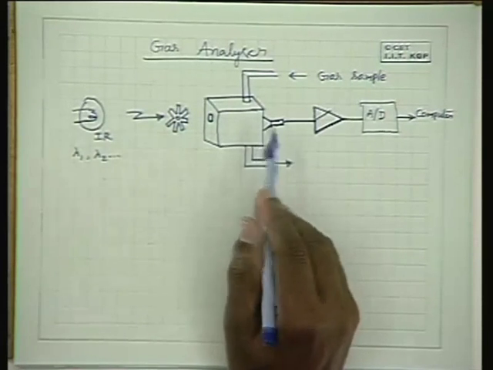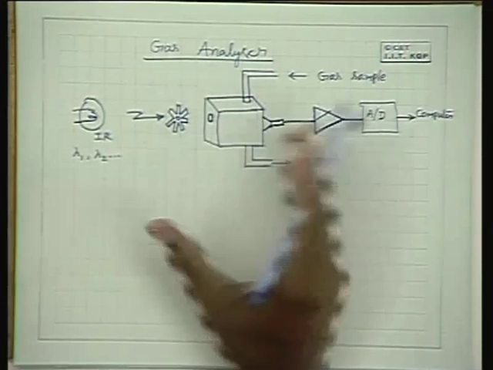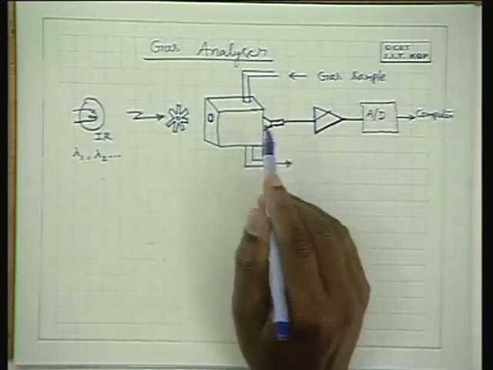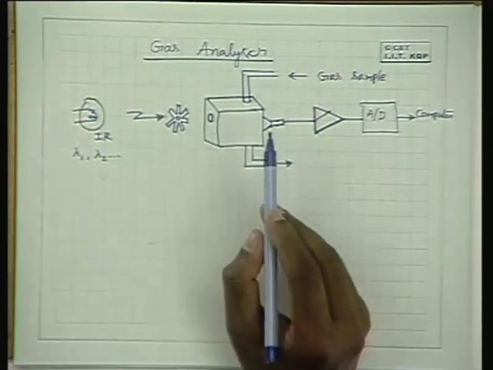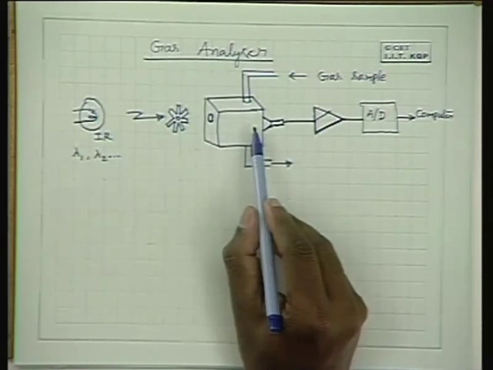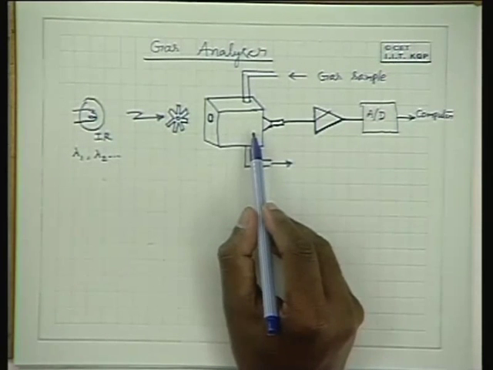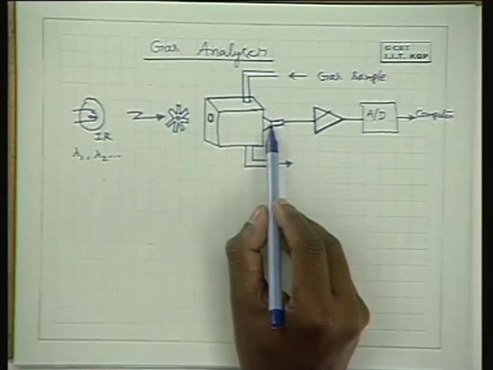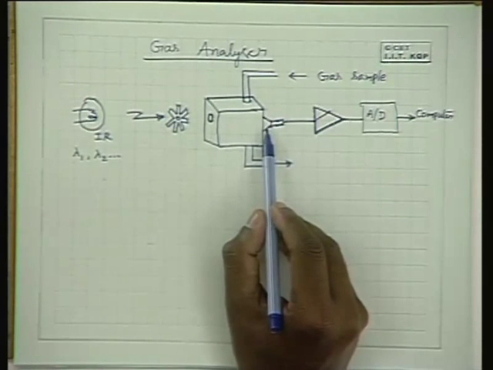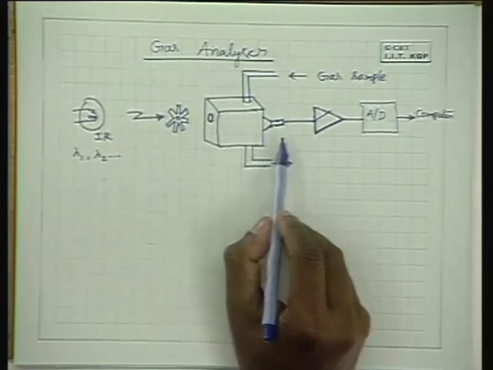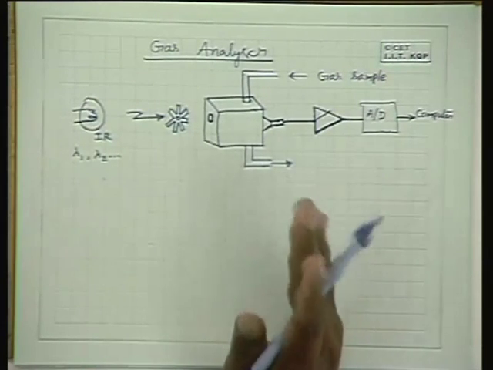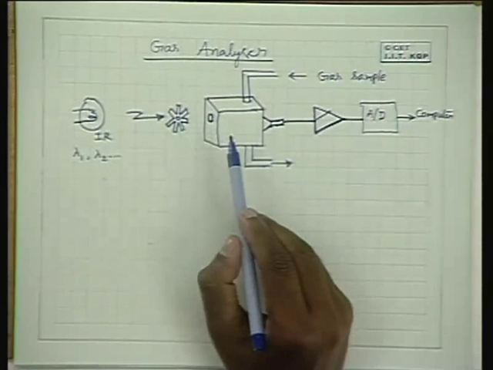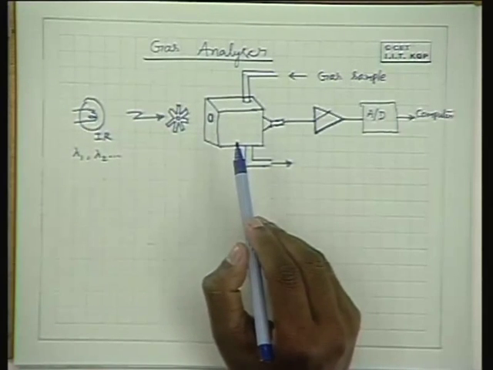Depending on the absorption, the expansion of the gas takes place, and the expansion of the gases affects the transducer here like a microphone, and the amplitude of deviation it causes on the microphone diaphragm is proportional to the pressure inside, and pressure is proportional to the absorption of that particular wavelength.